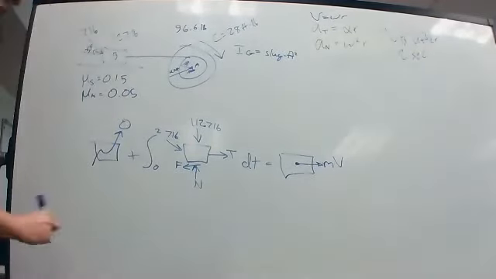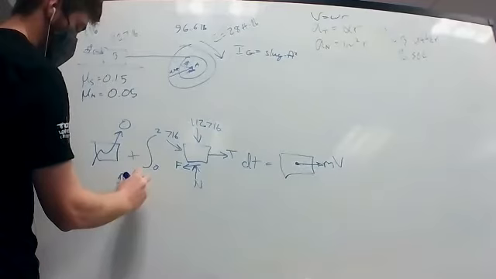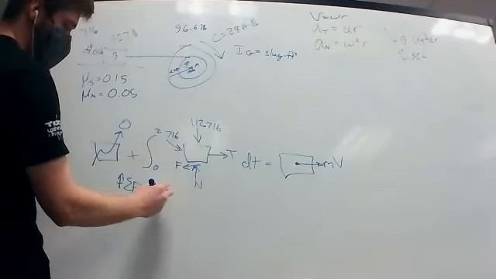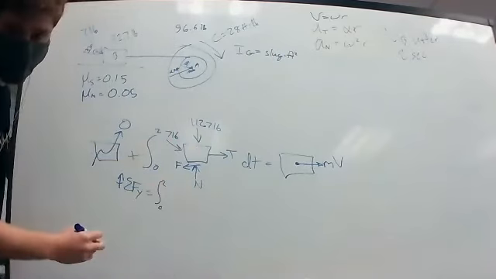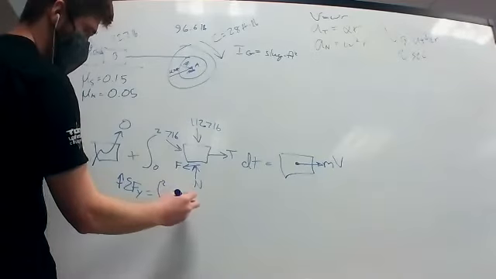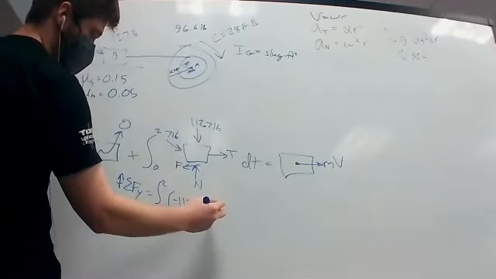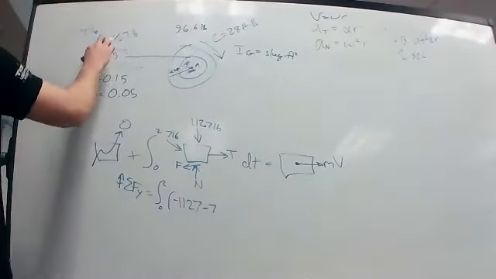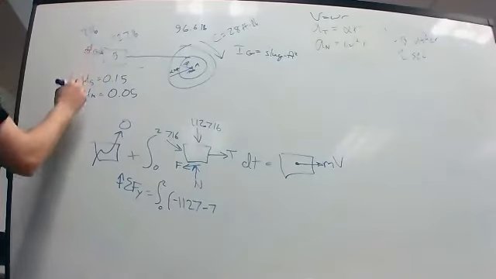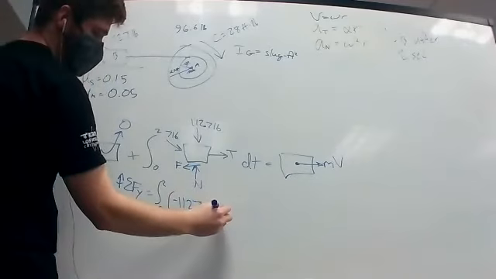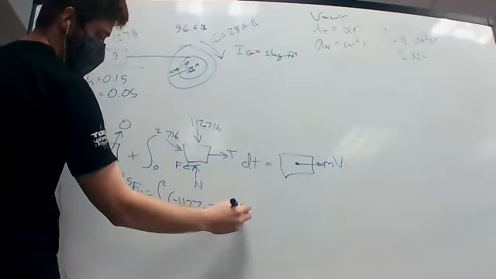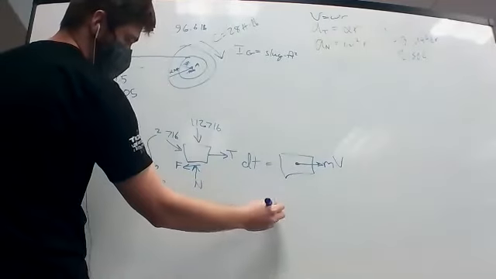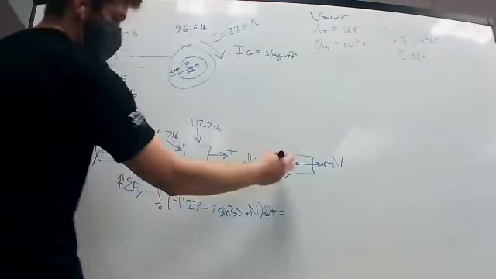We can start off by saying the sum of the forces in the y direction is equal to the integral from 0 to 2 of minus 112.7 minus 7 pounds times sine of 30, since this is 30 degrees, to give us our opposite, plus N, dt, is equal to 0.